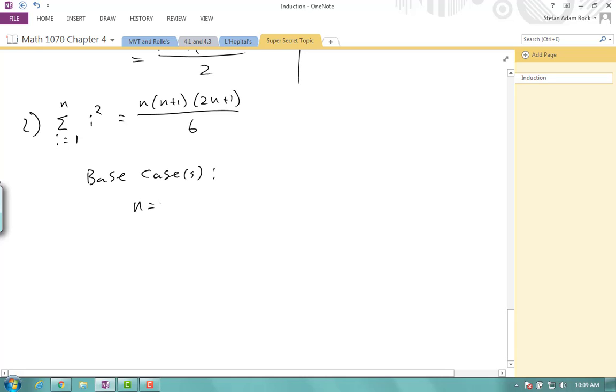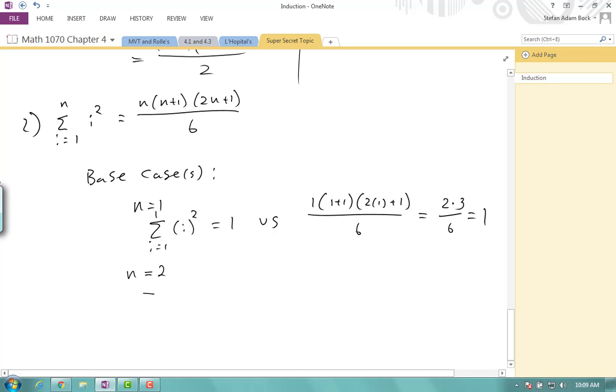If n is equal to 1, then the sum from i equals 1 to 1 of i squared is just 1. Versus the other side, I have 1 times 1 plus 1 times 2 times 1 plus 1 all over 6, which is equal to 1 times 2 times 3 over 6, which is equal to 1. So that checks out.